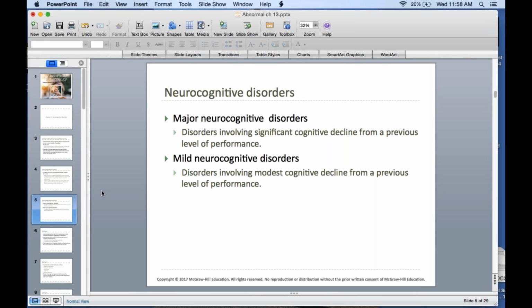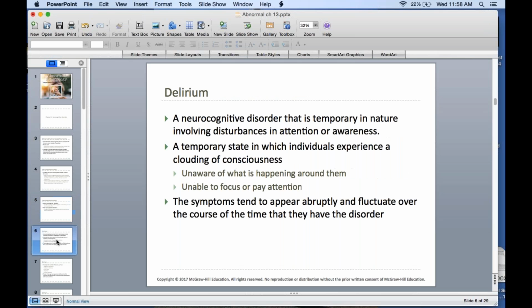That means a significant decline, something where people really notice a big difference in their ability to function on a daily basis. A minor neurocognitive disorder involves modest cognitive decline, so maybe they are having issues, but they're still able to go to work, or still able to interact and function socially. The major neurocognitive disorder really means it's interfering with their life. The minor neurocognitive disorder means there's an issue, but it's not significantly interfering with their life.